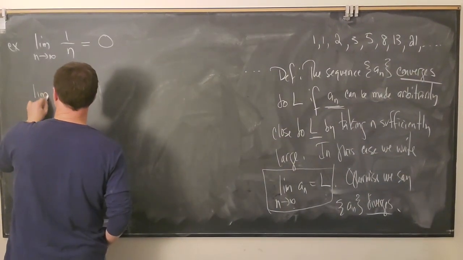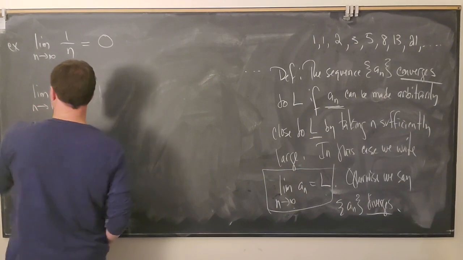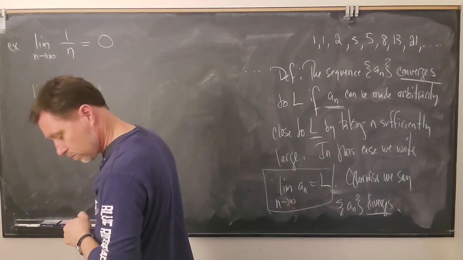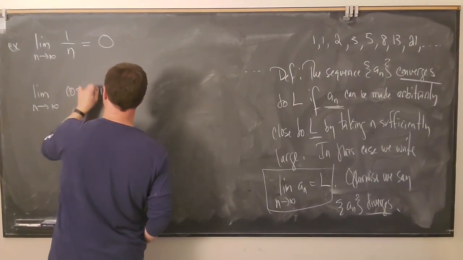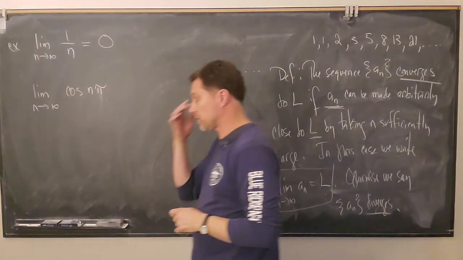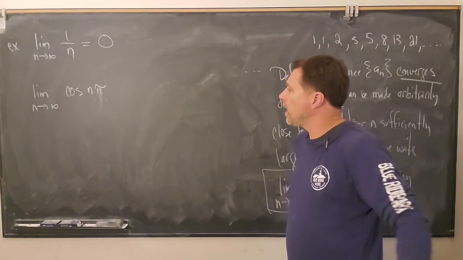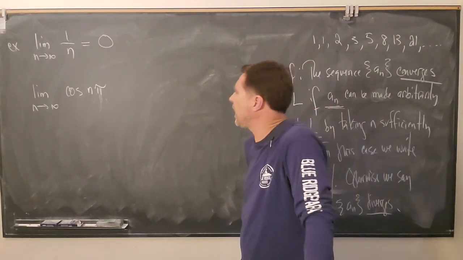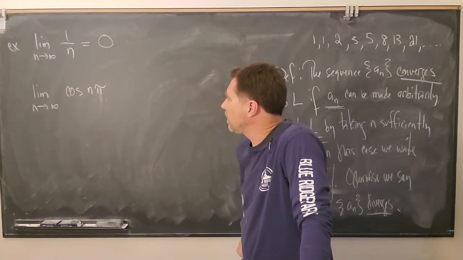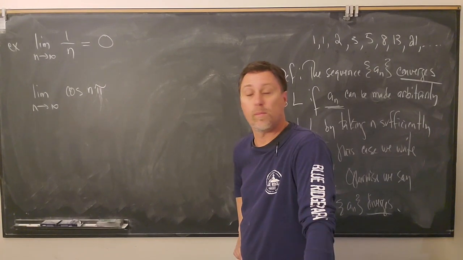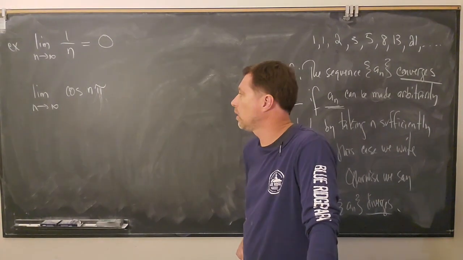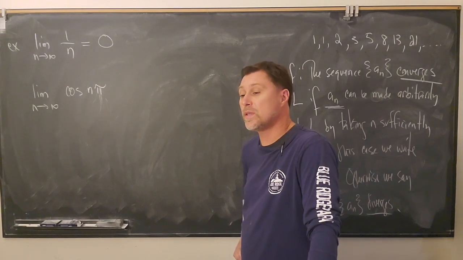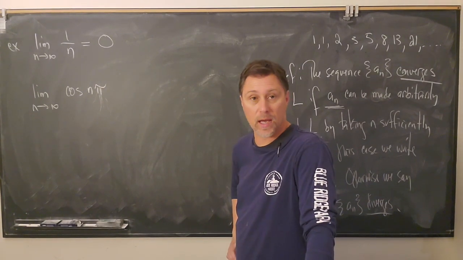How about the limit as n goes to infinity of cosine of n times pi? Think about various choices of n. If n is an even number, like cosine of 2 pi, 4 pi, 6 pi, and so on, cosine of n pi is equal to positive 1.